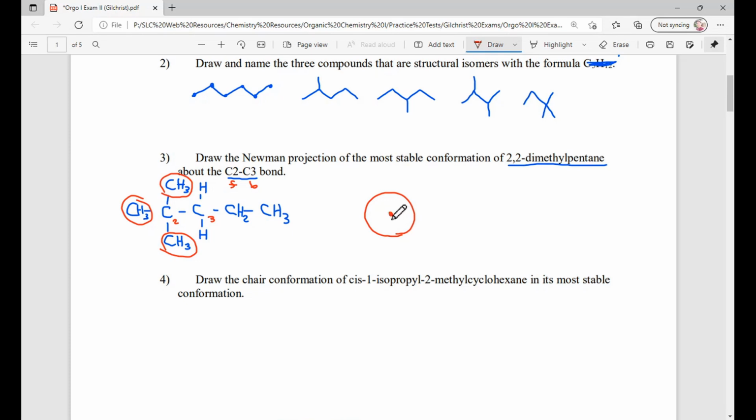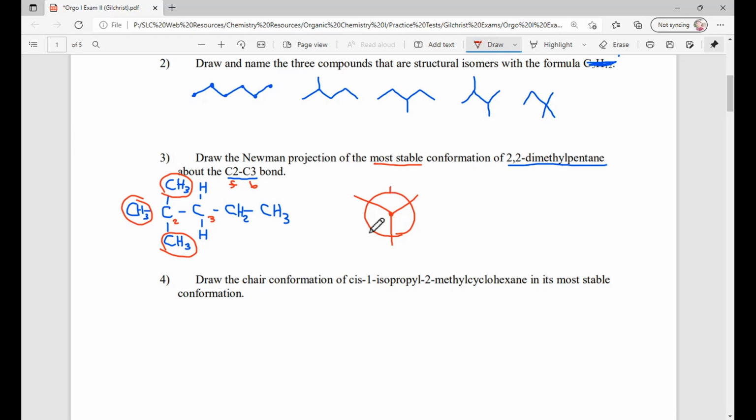The front carbon has 3 groups around it. And the back carbon has 3 groups around it. Now you can have a staggered formation or an eclipsed formation. Which is more stable, a staggered or an eclipsed? Staggered? Staggered. So I know that my most stable conformation is going to have to be staggered.